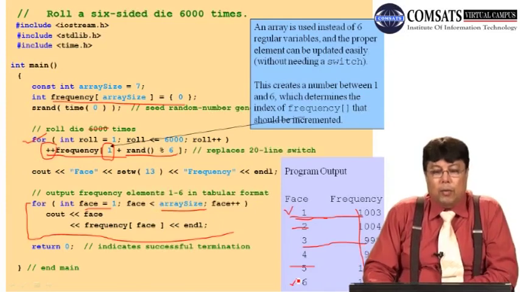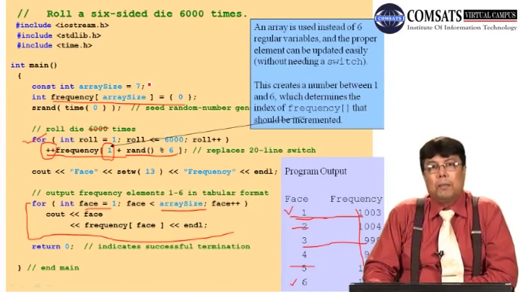Okay, we have intelligently declared array of 7 so that we are not using array of 0. Why?